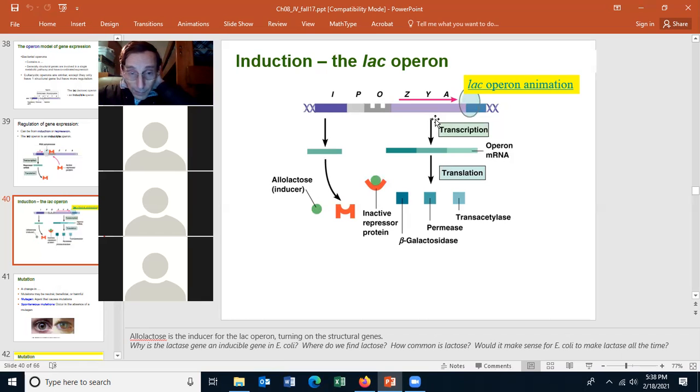So whenever lactose is around, we have allolactose around, and it will inactivate the repressor protein, and then the repressor protein that's bound to the operator will sooner or later fall off and become not inactivated, and that will turn on gene expression, and then we will transcribe and then translate the structural genes in the operon.